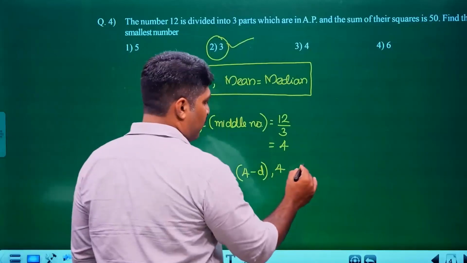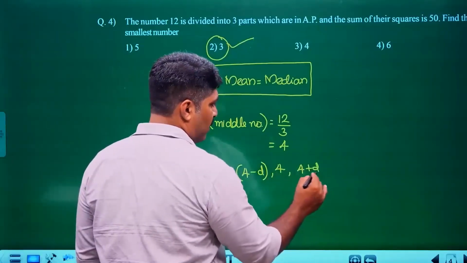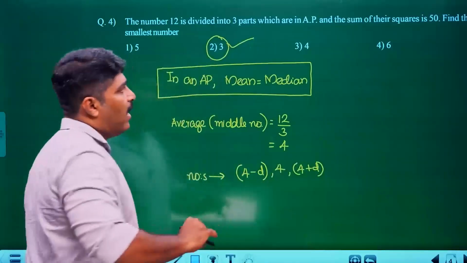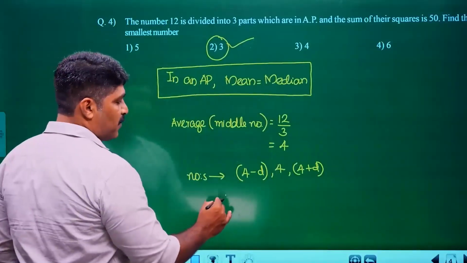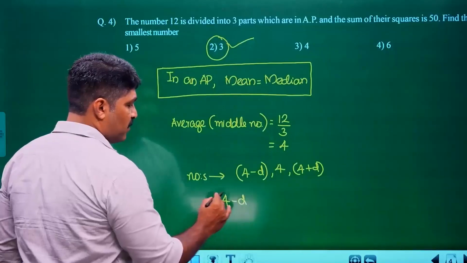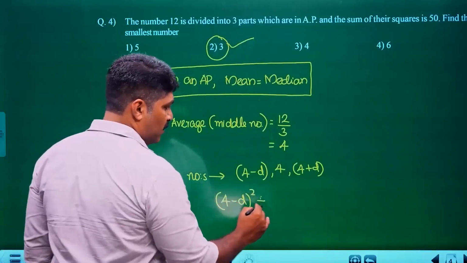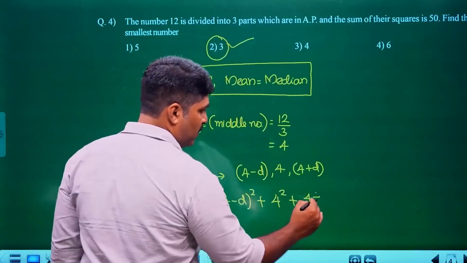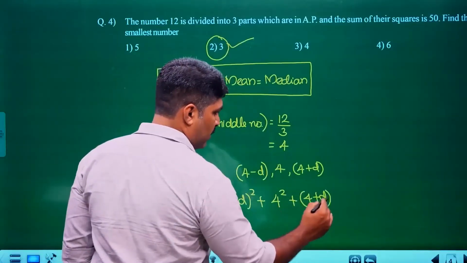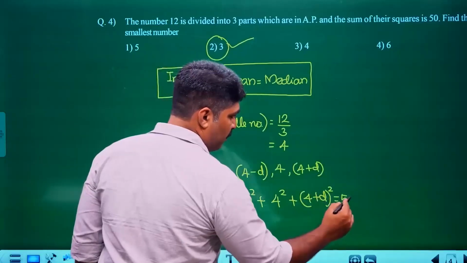Therefore, its succeeding number is 4 plus d. Got it? Then the sum of squares of these three numbers equals 50: (4 minus d) square plus 4 square plus (4 plus d) square. So this is equal to 50.